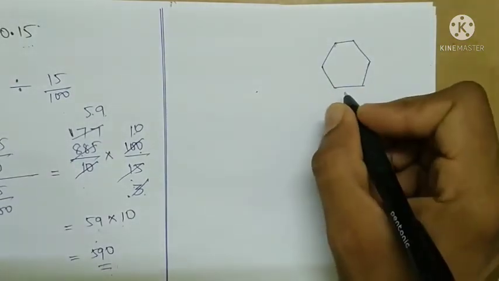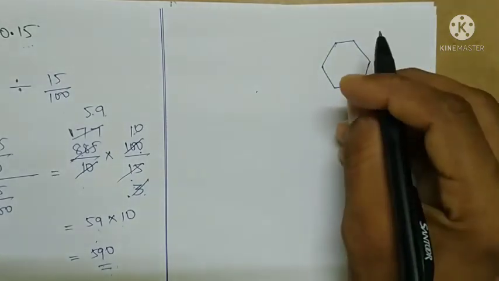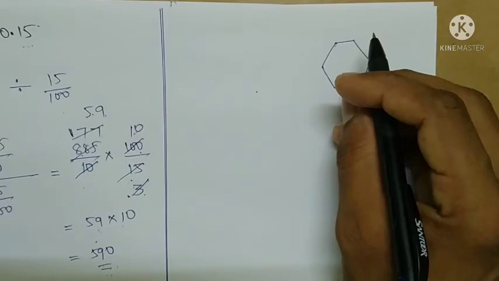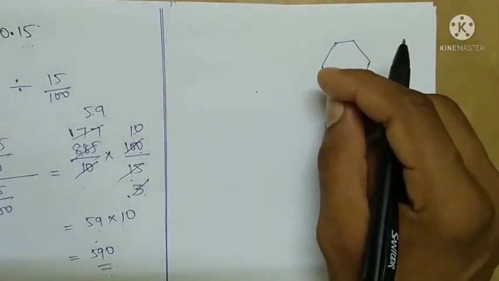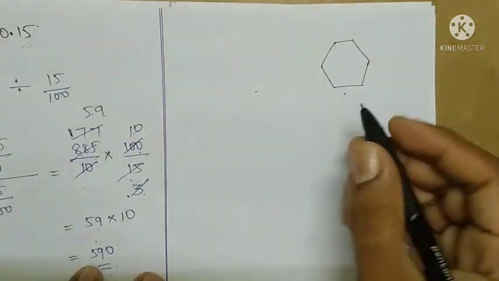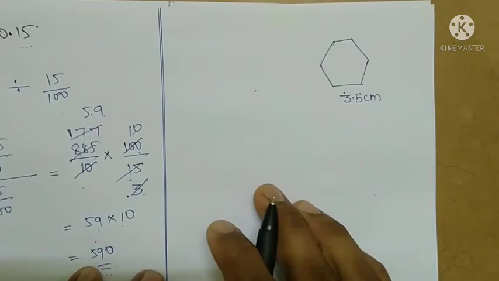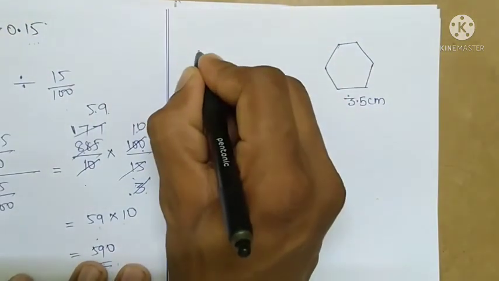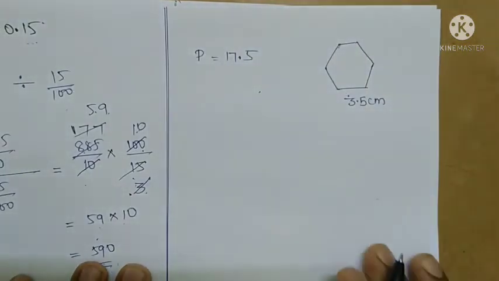Okay, my dear, let's imagine this is our given polygon. Polygon: poly means many, gon means sides. It consists of many sides. So one of the sides is 3.5 centimeters. The perimeter of the polygon is 17.5.